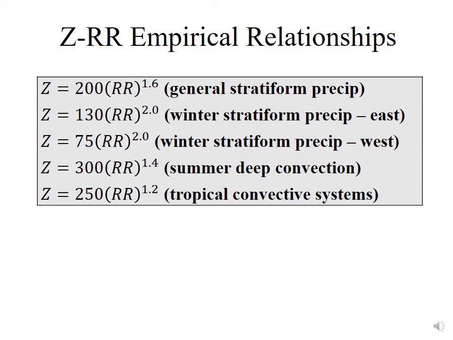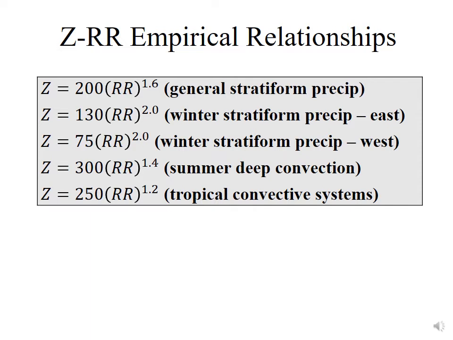So we have these empirical relationships between the reflectivity factor Z and the rainfall rate. Unfortunately, what we've determined is that there's not one equation that we can use that will accurately describe the relationship between the rainfall rate and the reflectivity factor for all different types of storms.